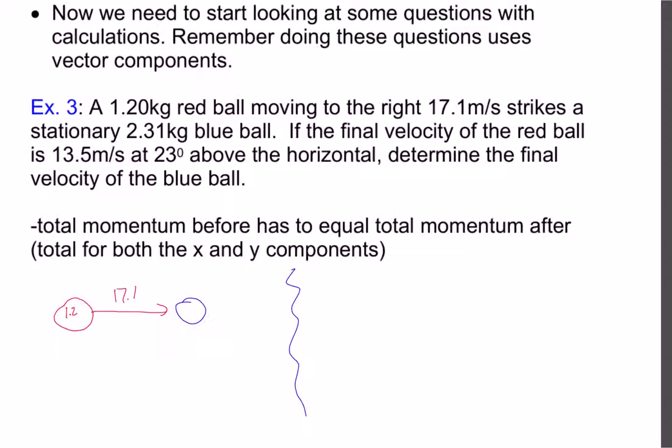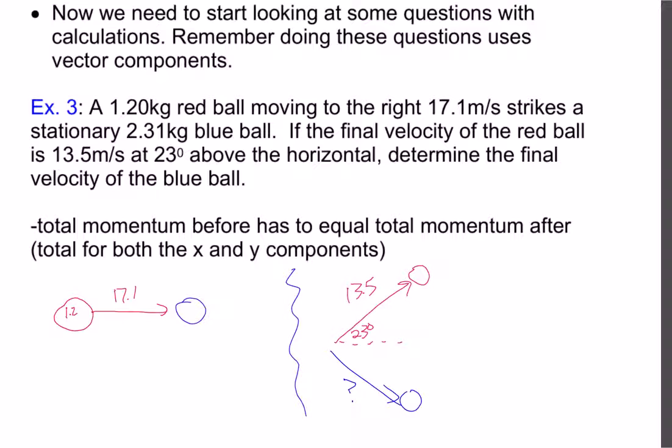For our after, the red ball is going to go up at 23 degrees above the horizontal at 13.5 meters per second. The question is asking what the blue ball is doing. Using common sense, if the red one bounces up, the blue one is probably going to go down somewhere, but we don't know how fast or at what angle.